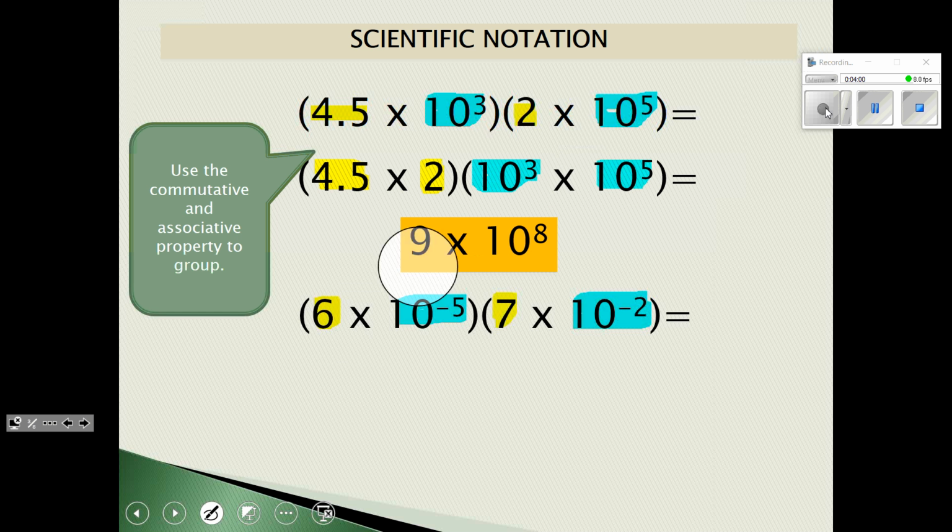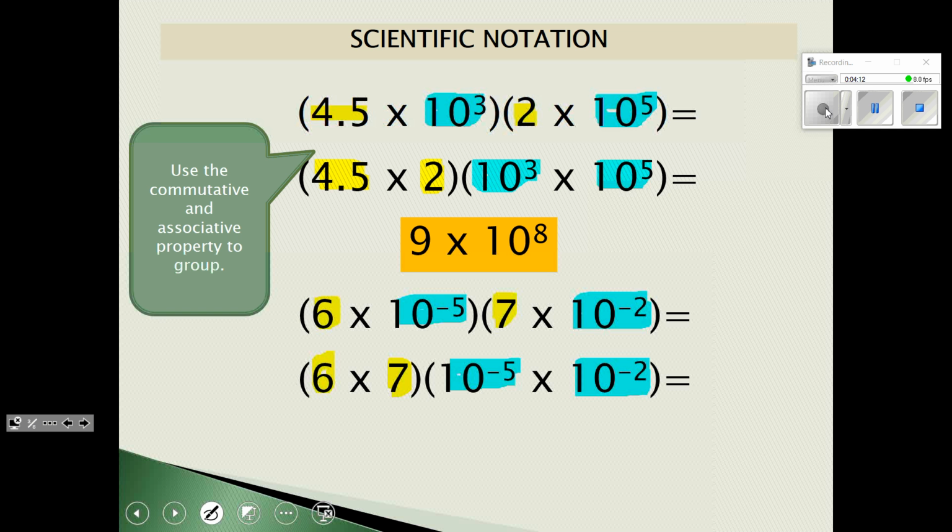It can become a little more tricky in an example like this. I've highlighted again to show you how we're going to group with the commutative property. We have 6 times 7, which is 42. And then we have 10 to the negative 5th times 10 to the negative 2nd. If we add a negative 5 and a negative 2, we get a negative 7.